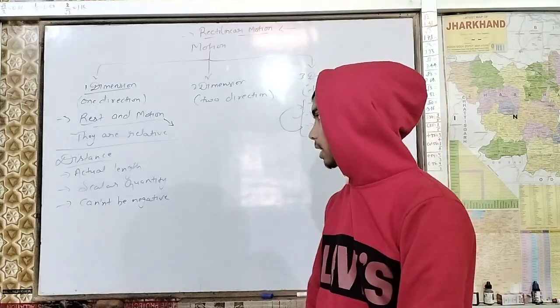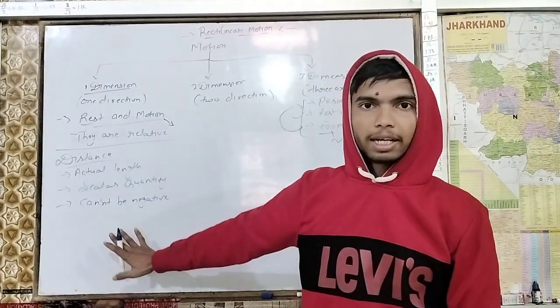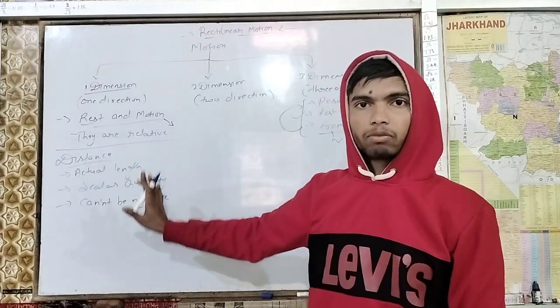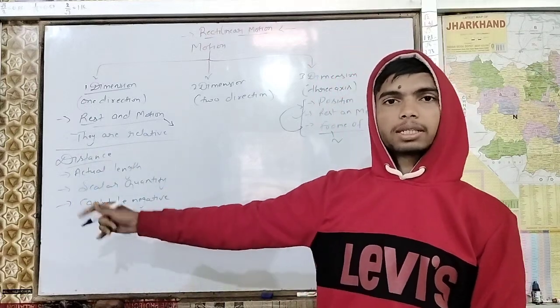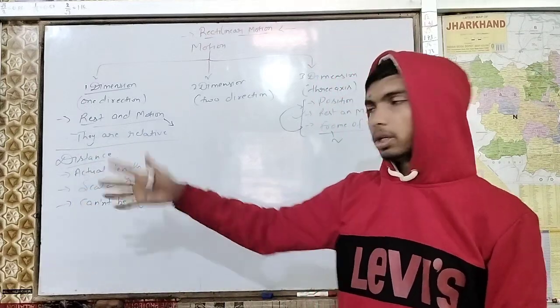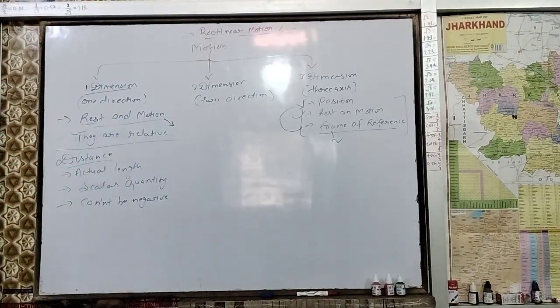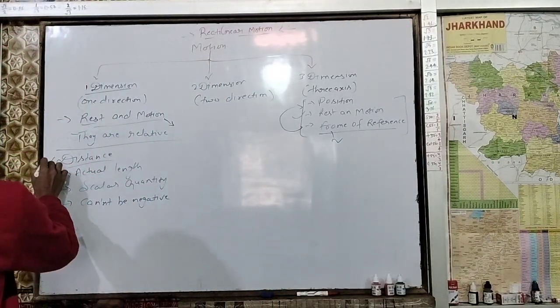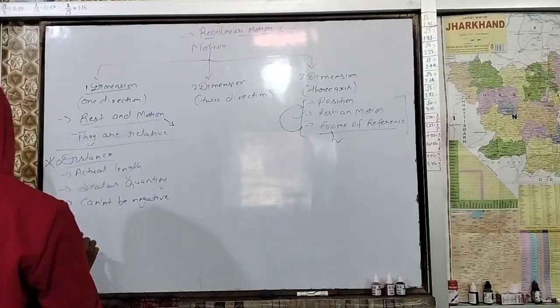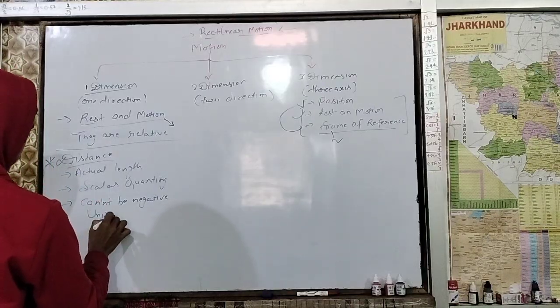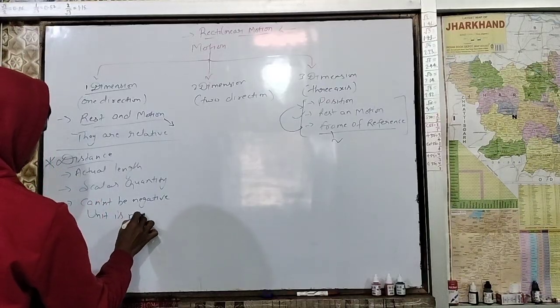But distance does not provide direction, so we don't take it as negative. Distance will always be positive. Next point: the unit is the meter.